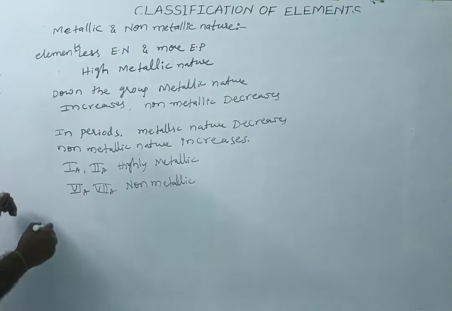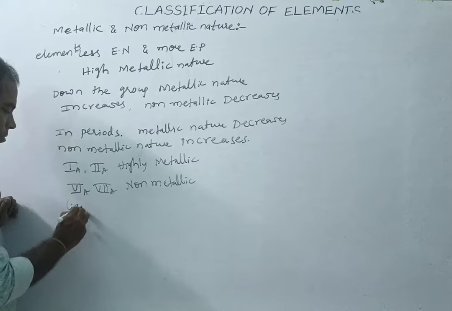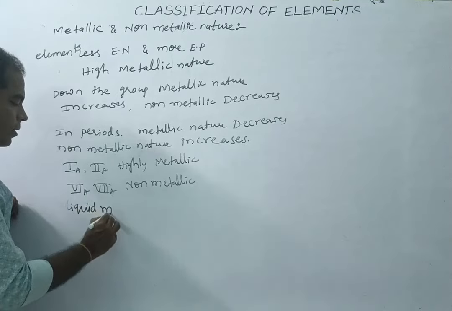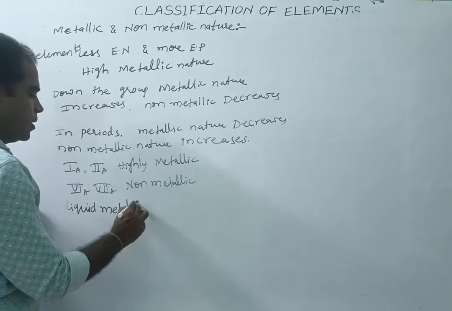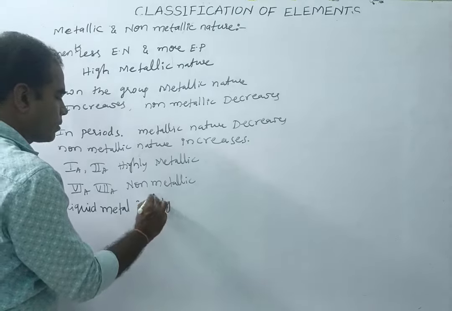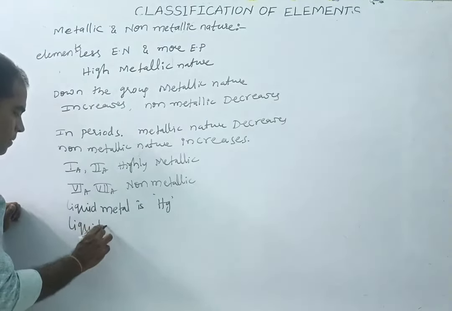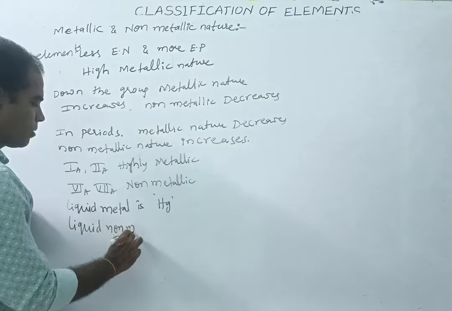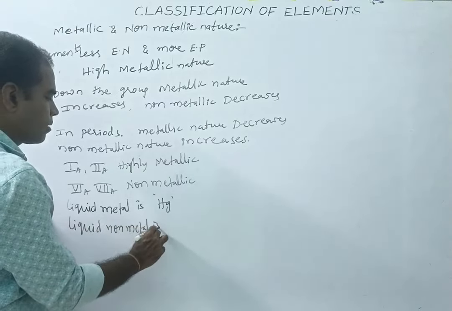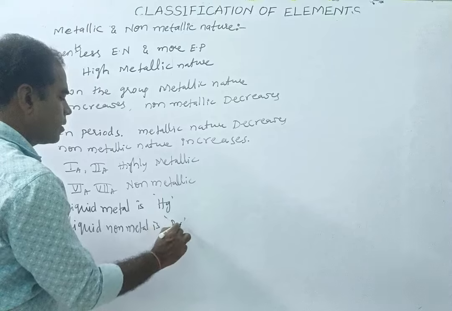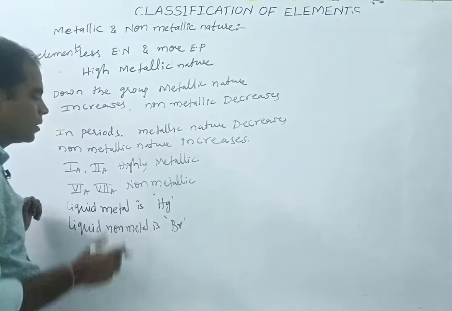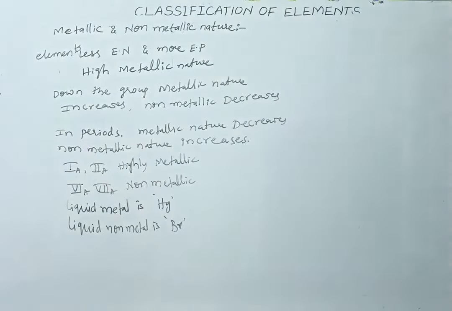The liquid metal is mercury. The liquid non-metal is bromine.